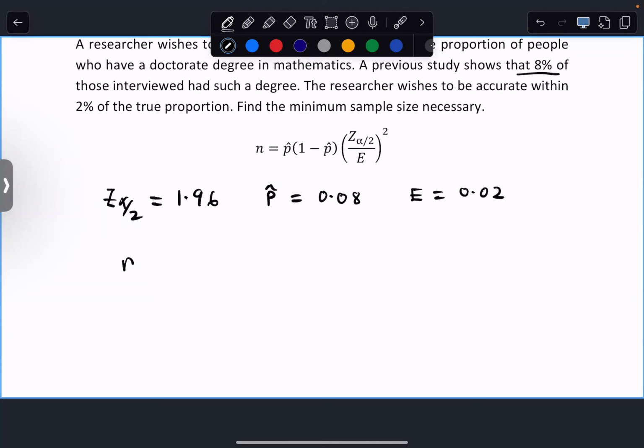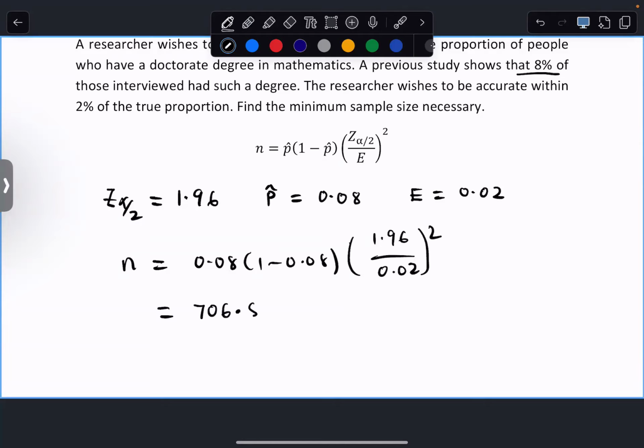So we can solve for n to be 0.08 times 1 minus 0.08, times 1.96 divided by 0.02, all squared. If you solve this, you should get 706.8544.